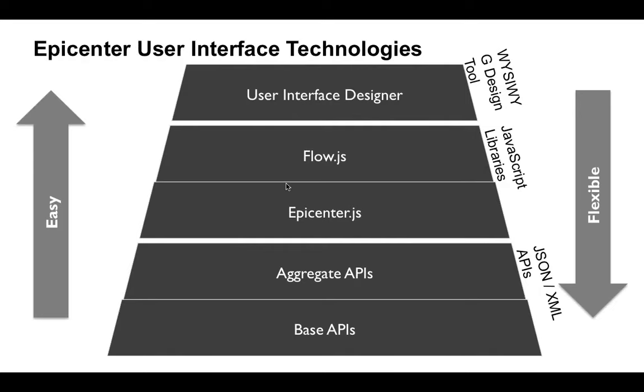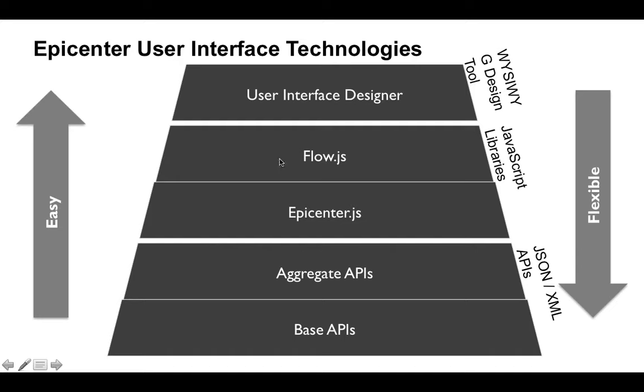What I want to do is talk to you about the levels of interface technology that can be used for Epicenter. There are actually 5 levels that we support, and each is built on the previous lower levels. You can use any of these, but there's a trade-off among them. There's a UI or user interface designer tool, which is a drag and drop tool that's really easy to use.